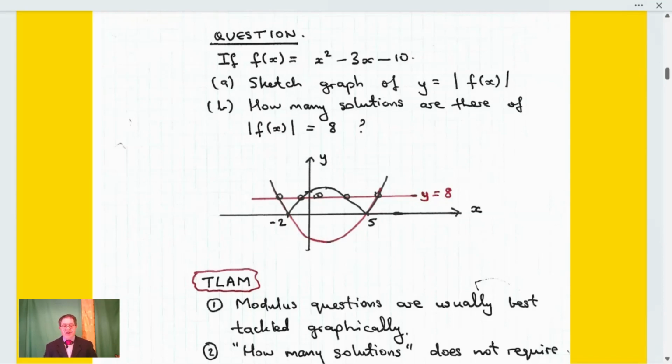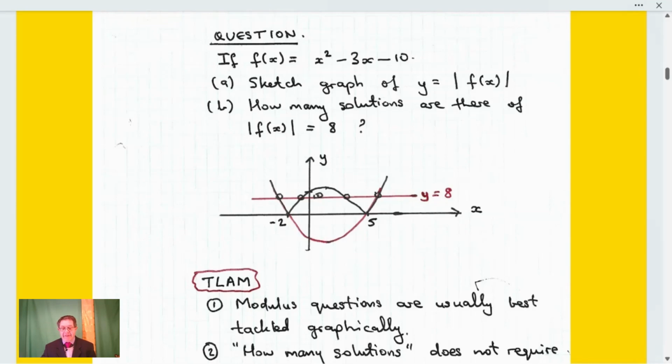Part A of the question says to sketch the graph of y equals the modulus of f of x. So what happens is those bits of the original graph that are above the x-axis stay where they are, but the part underneath the x-axis is reflected upwards in the x-axis to form this U-shaped graph with a maximum turning point in the middle.